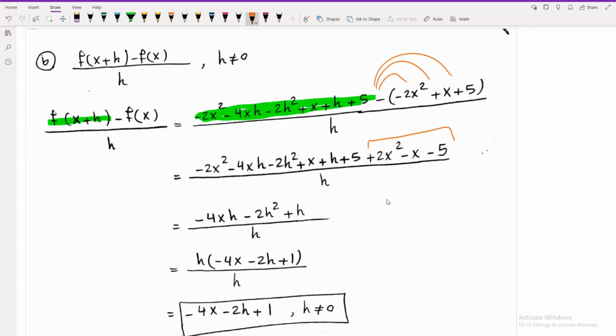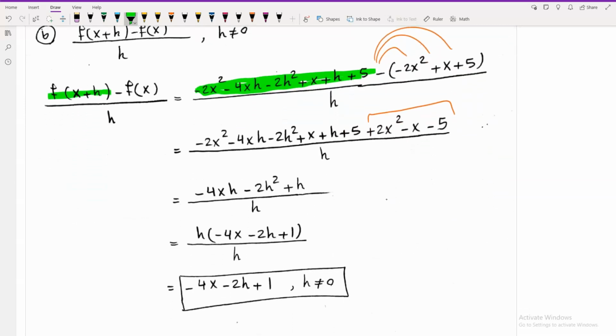Now combine like terms. So we have -2x squared, and here we have 2x squared, so this part is 0. Then we have -4xh here.